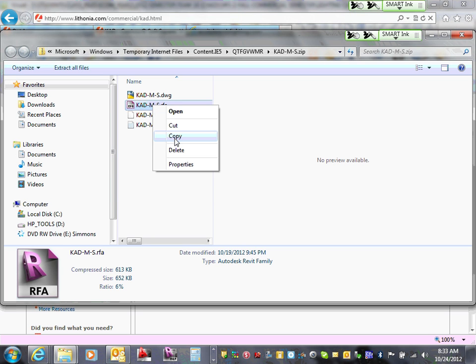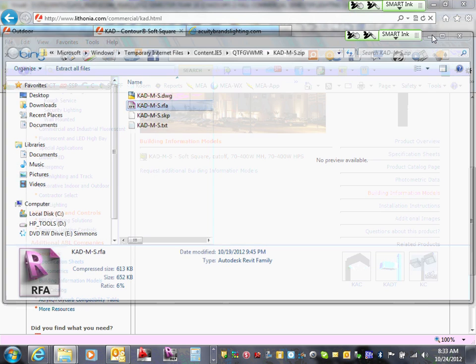I can copy it and take it to my folder on the network and dump it into a folder that says families, lighting fixture families, and then load it into Revit and drop it right where it should be. The ones I gave you are old ones. These new ones are directly from the manufacturer, and if you work in the field, that's exactly what you do. Cool? That's what I wanted to show you about the Revit families.